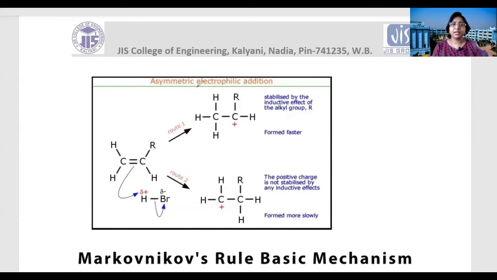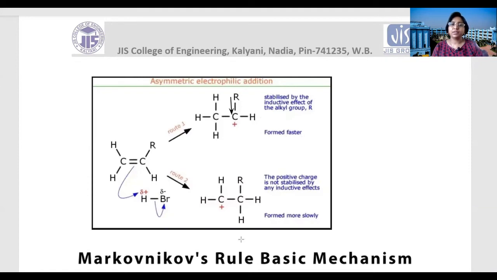You are getting the inductive effect here, because here is the alkyl group, so it will give a +I effect. So it will become stabilized, and this product has the maximum possibility, so it will be formed faster.